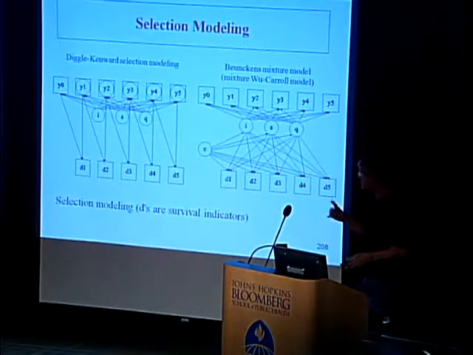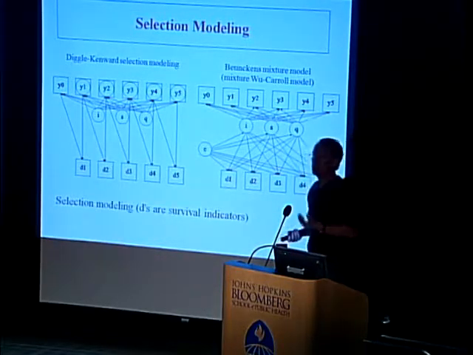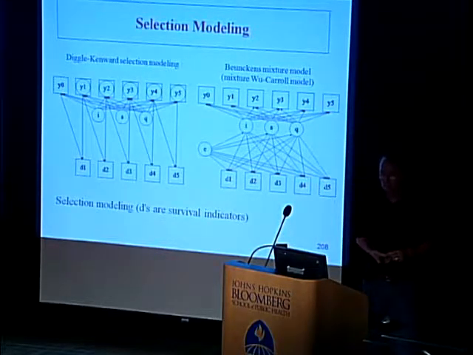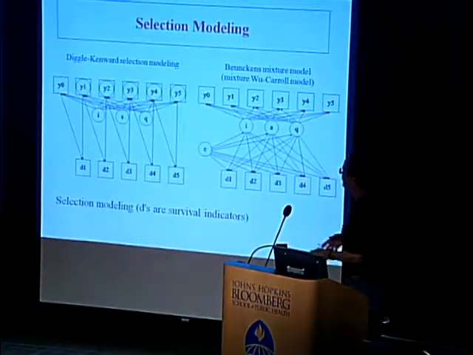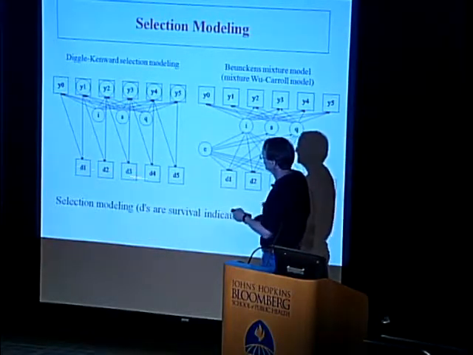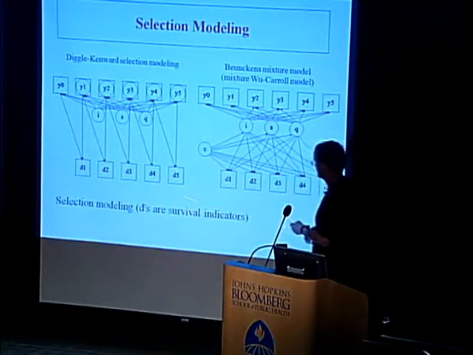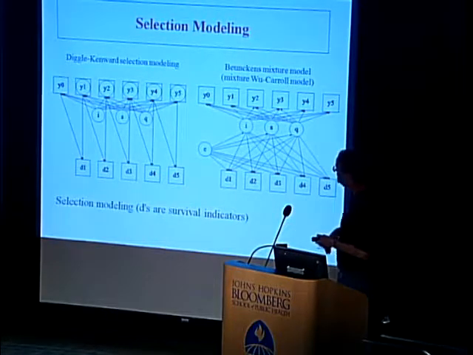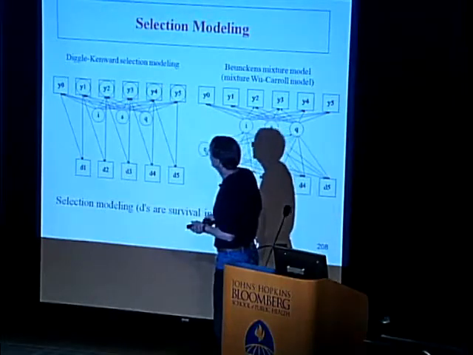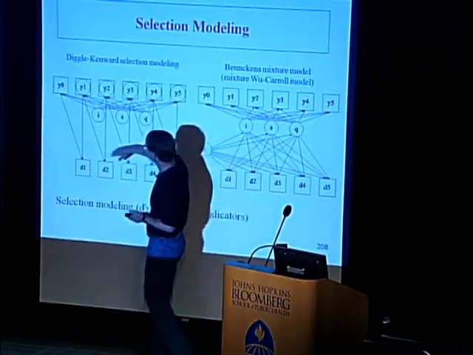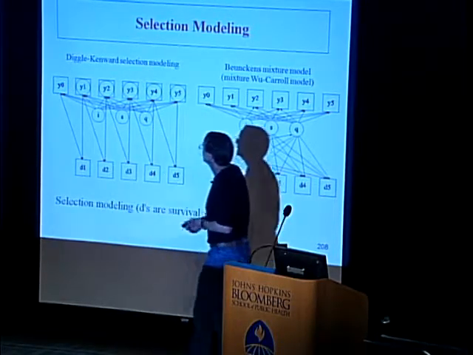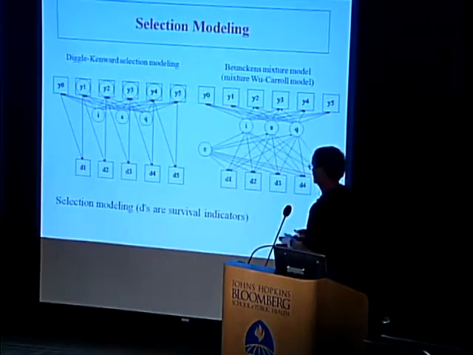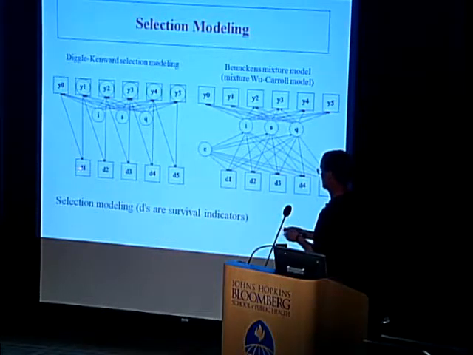One feature here that's interesting, given our extensive treatment of survival analysis, I'm being ironic here, is that these are scored as survival indicators, meaning that we're going to do this regression in the fashion that these Ds are scored as event history indicators.